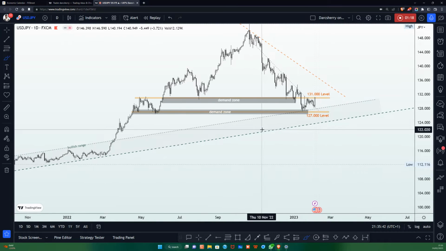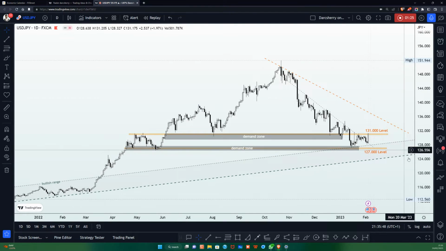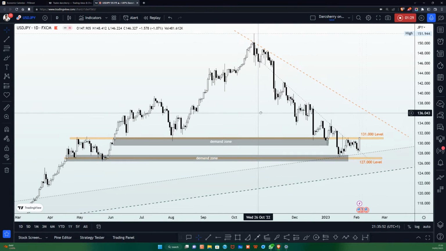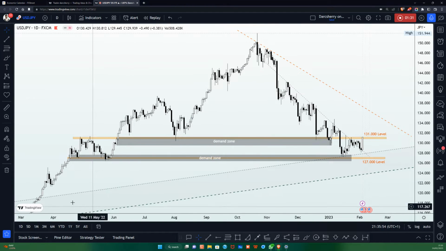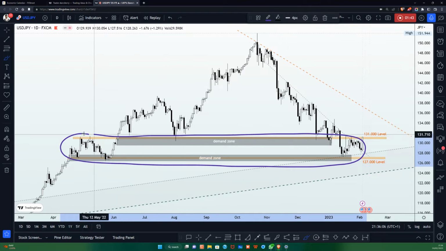However, if we zoom into what started happening on this chart since the month of April last year, so that we can see things more clearly, you can see price action was caught within a significant structure, between the 131.00 level and the 127.00 area.